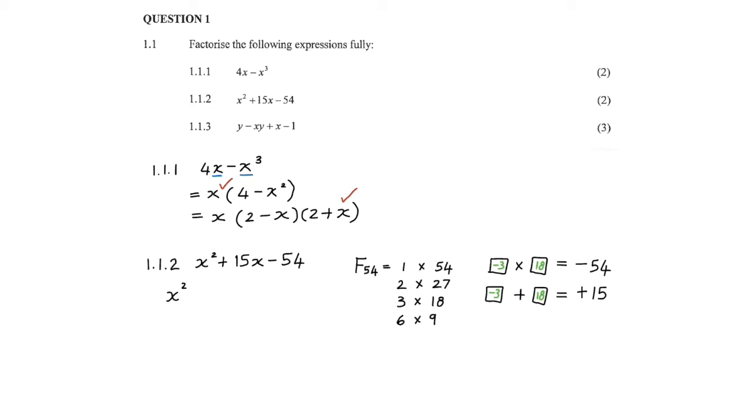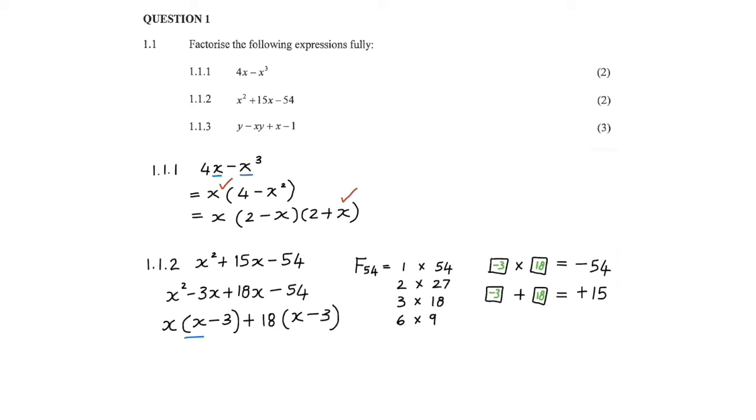So what we'll do now is we'll rewrite the middle term using negative 3 and 18. So we have x squared minus 3x plus 18x minus 54. And then we group the terms and then we factor each group. So we have x multiplied by x minus 3 plus 18 multiplied by x minus 3.